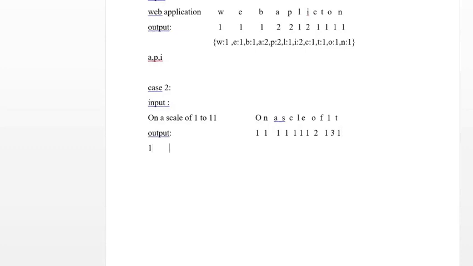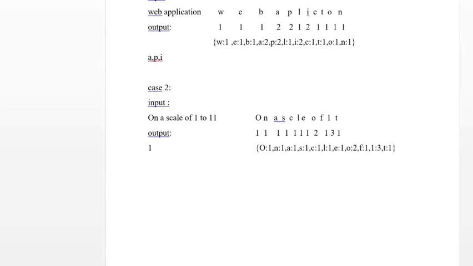Let's take it in the form of a dictionary. Capital O occurred once, N once, A once, S once, C once, L once, E once, small o twice, F once, digit 1 occurred 3 times, and T once.